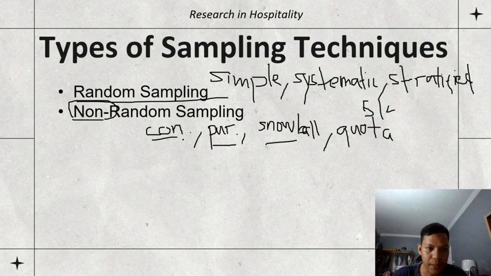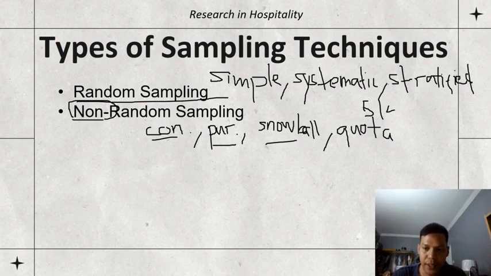It's either convenience, purposive, snowball, or quota sampling. While it may be less rigorous, it can still provide valuable insights depending on the research objectives. So you need to check your objectives, or in the thesis, the statement of the problem.